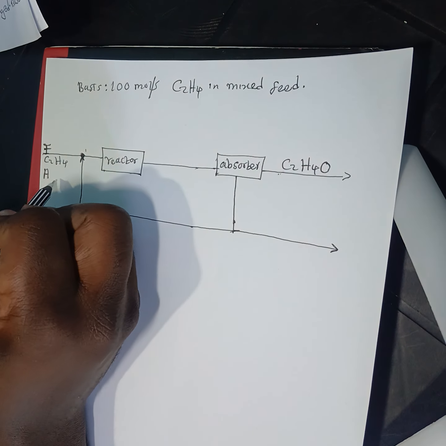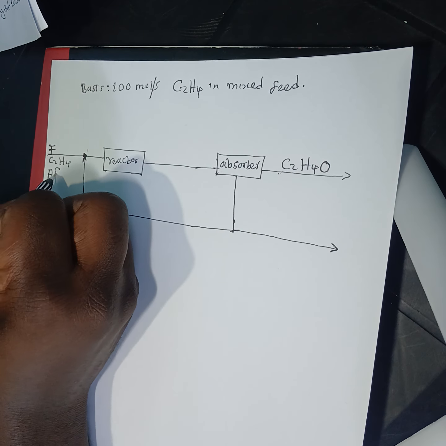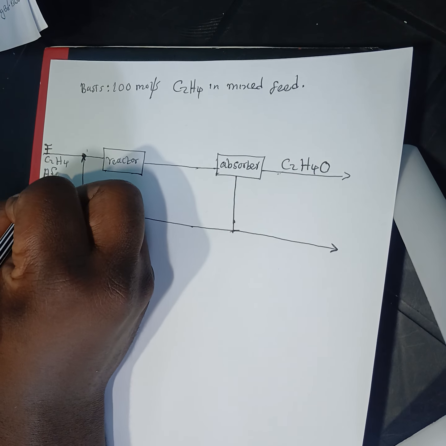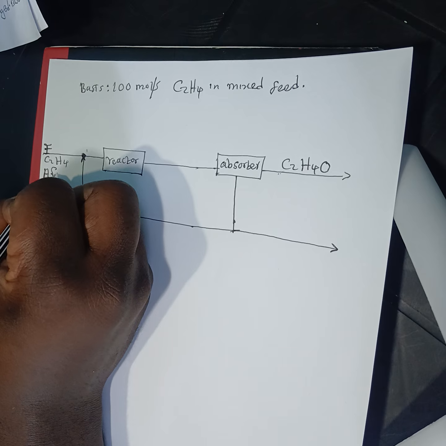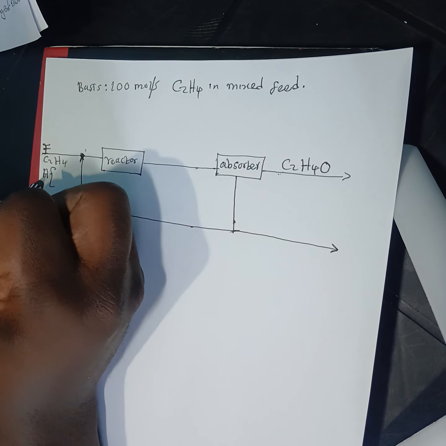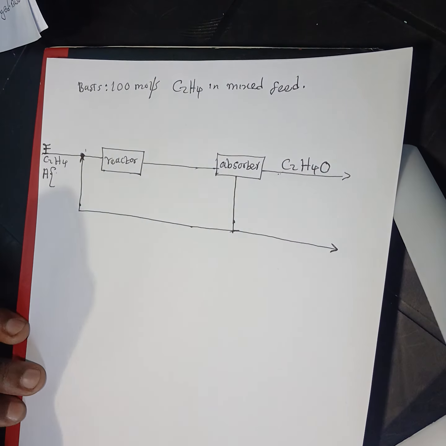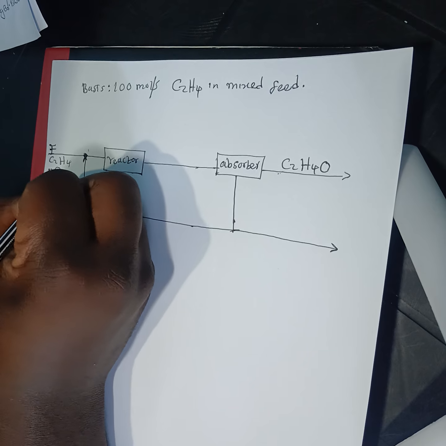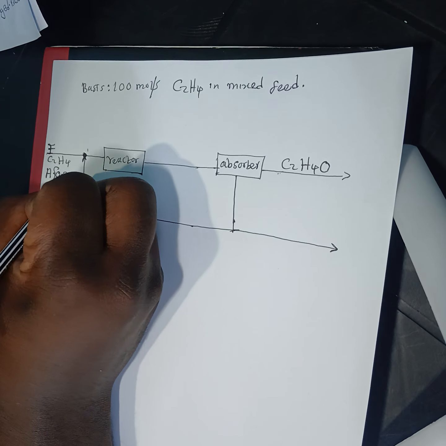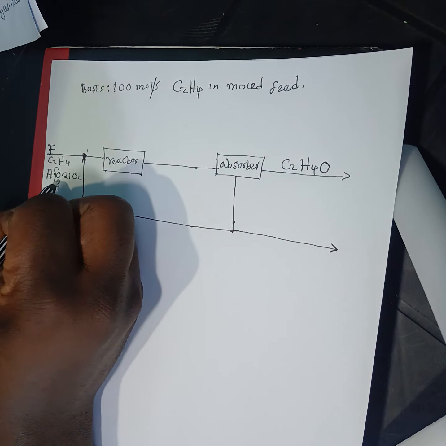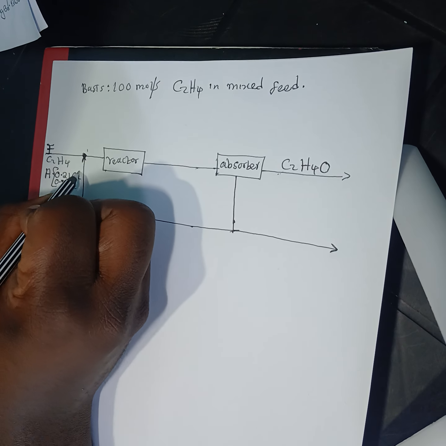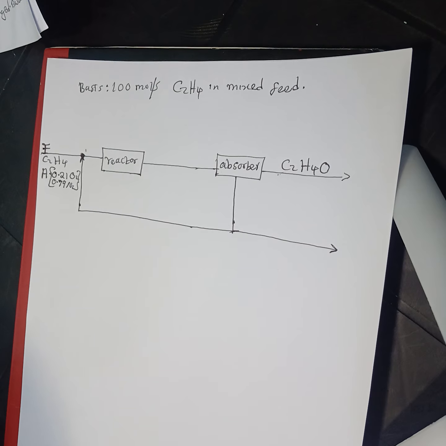Now remember, in class I said air is a mixture of gases which is made up of 21% oxygen and 79% nitrogen. So I will not write it in form of percentages, but in form of mole fraction, which is 0.21 of oxygen and 0.79 of nitrogen. So this is the composition of air.